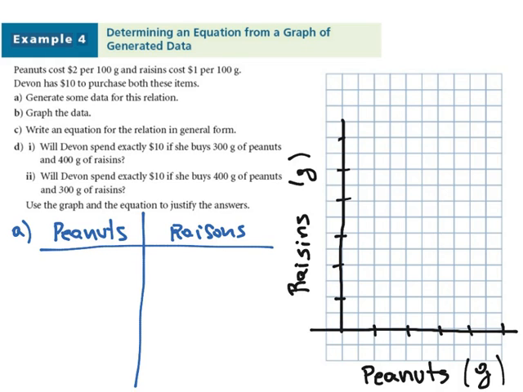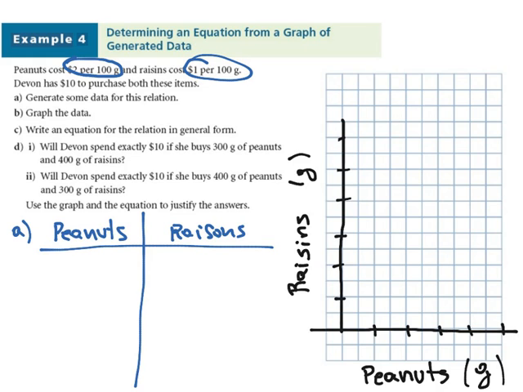Since we're generating some data, it's probably a good idea to have some type of table. Let's take a look at the peanuts cost. It costs $2 for 100 grams, and for raisins it costs $1 per 100 grams. Now, we have $10 to spend. Let's say we are only going to be purchasing peanuts.